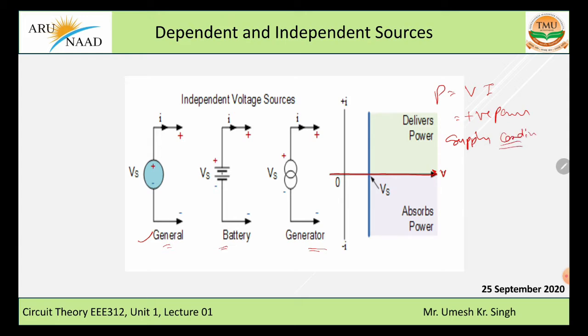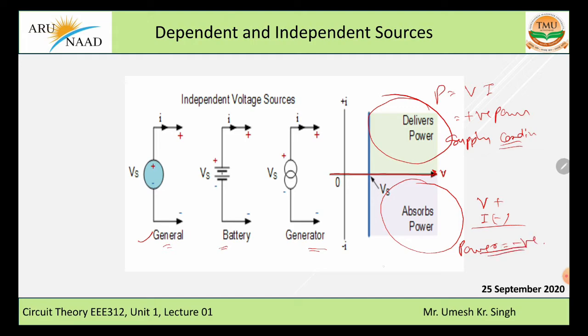Supply condition means this power is delivered by the source. In the other case we have voltage positive and current negative, meaning power is negative, and negative power means load condition, or power is being consumed. These points will help in solving circuit numericals.